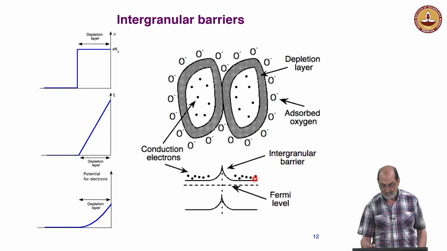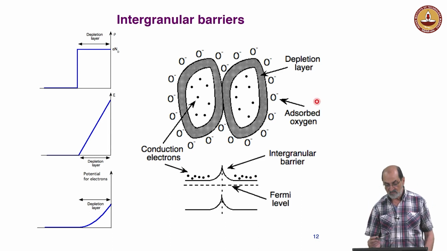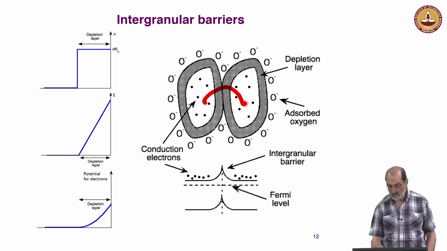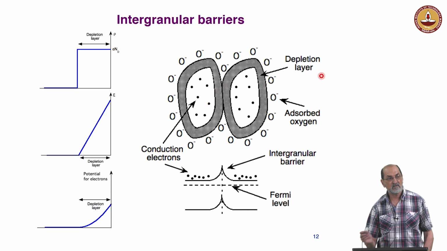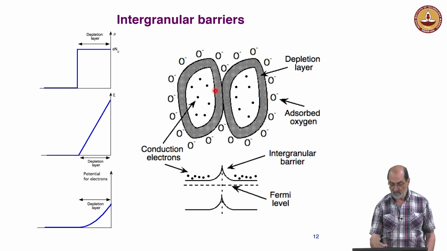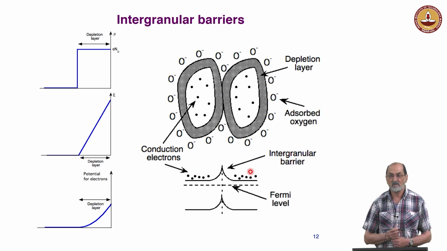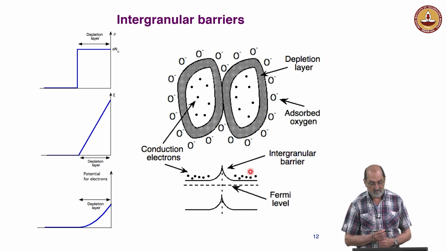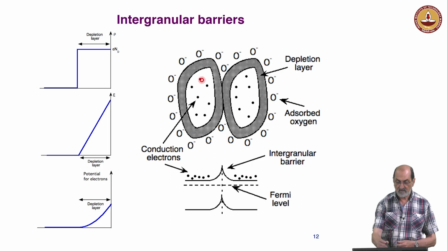So now, for electrons to be part of a current within the polycrystalline material, they have to jump from one grain to the other. So they have to overcome this barrier. And this is a limitation for the current. Within each grain in the bulk, there is no problem.